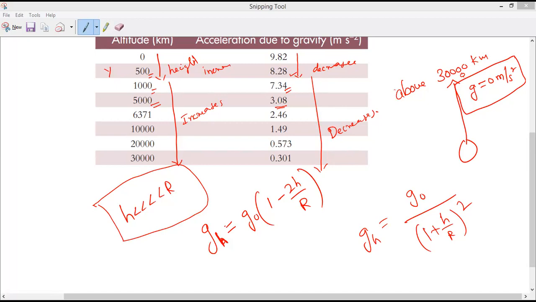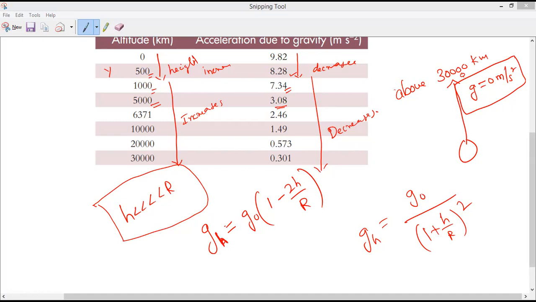What is the density formula? Density is equal to mass by volume. Here the symbol of density is rho.